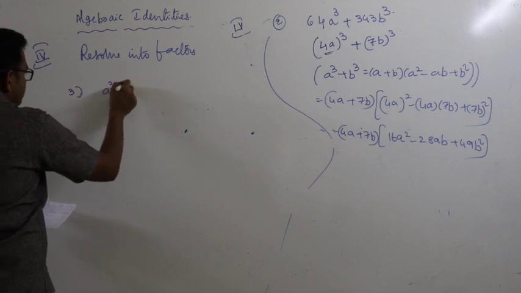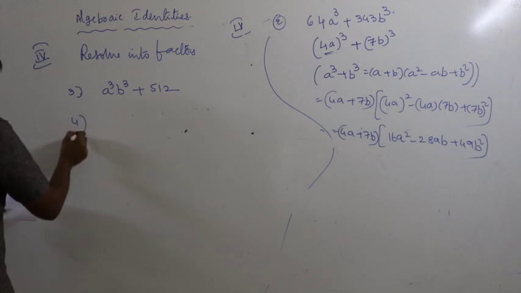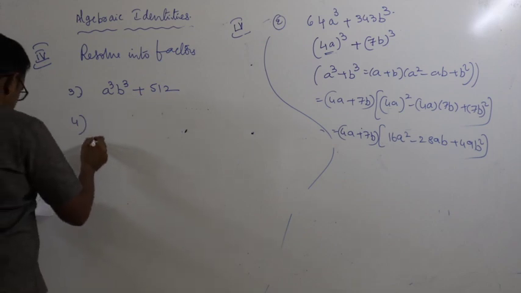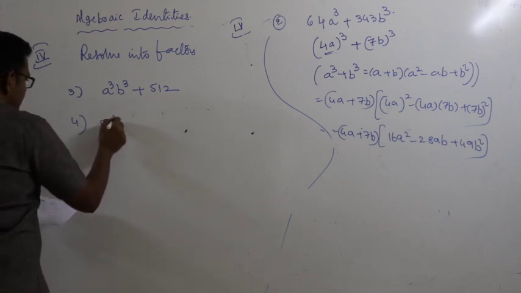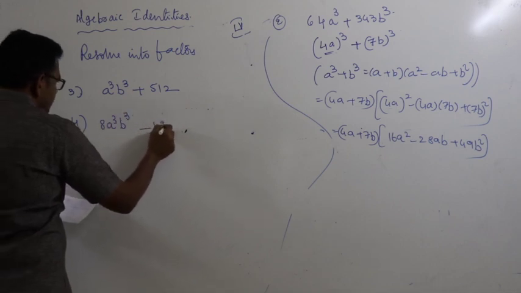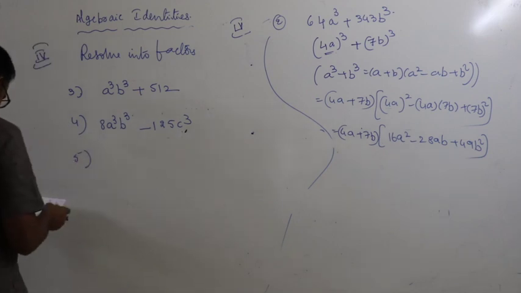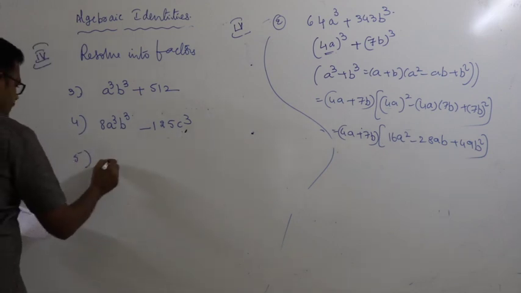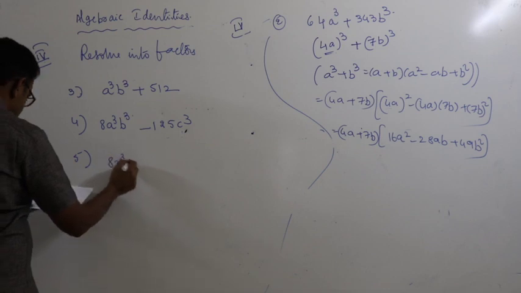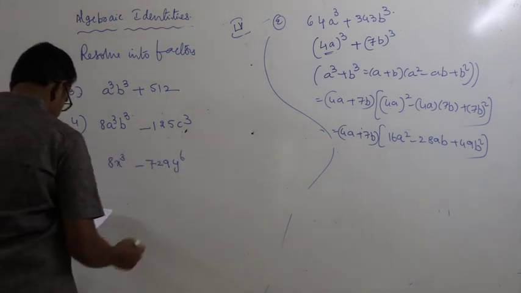A cube plus b cube plus 512. 8a cube b cube minus 125 c cube. 8x cube minus 729 y power 6.